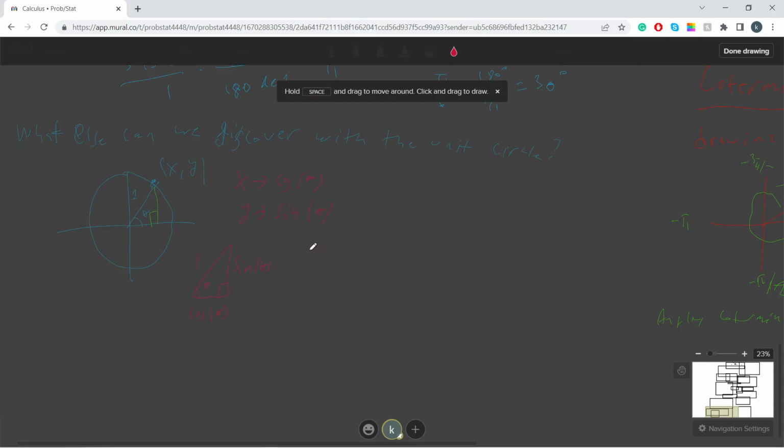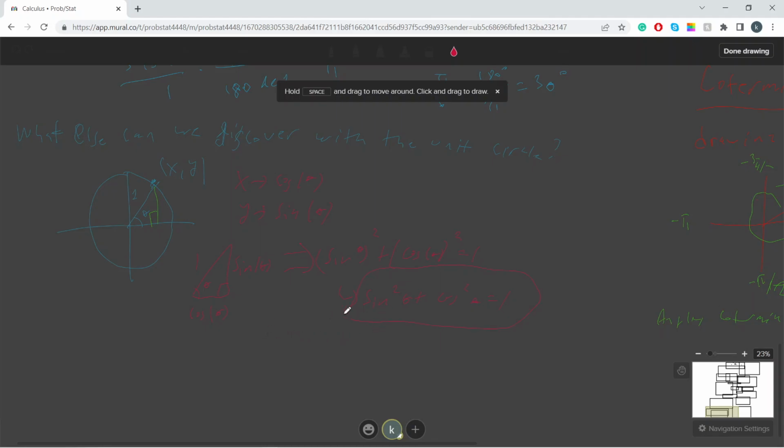So if this is a right triangle, the Pythagorean theorem must be satisfied. So sine of theta squared plus cosine of theta squared equals 1. This is what we call a Pythagorean identity. So sine squared theta plus cosine squared theta equals 1. This is a very important identity, and it will definitely come in handy.